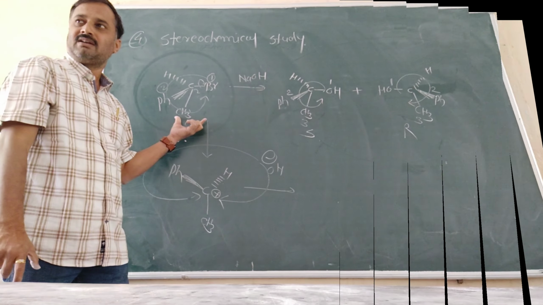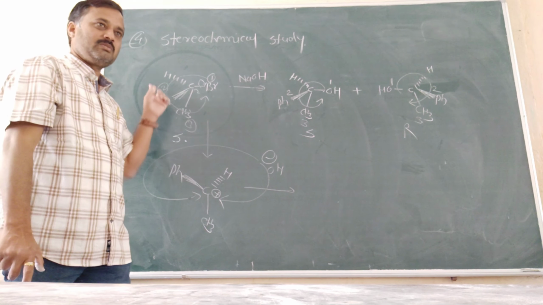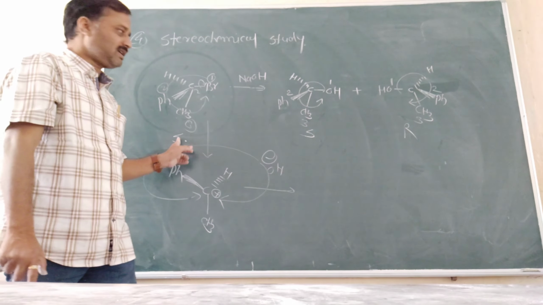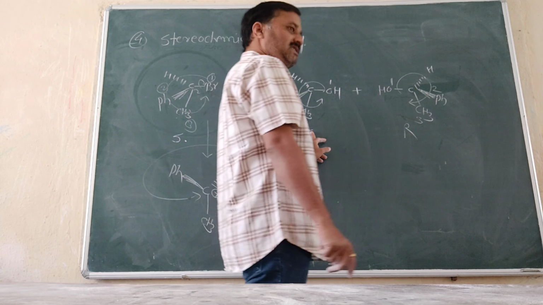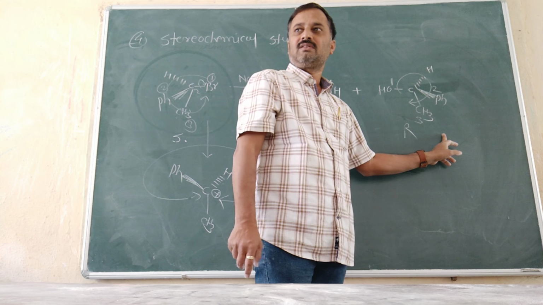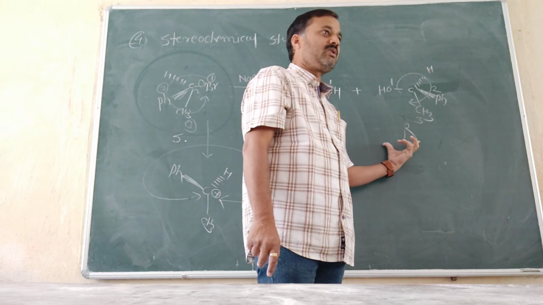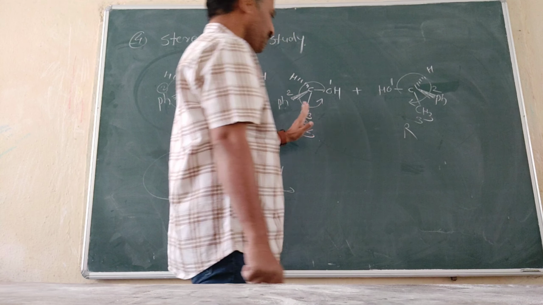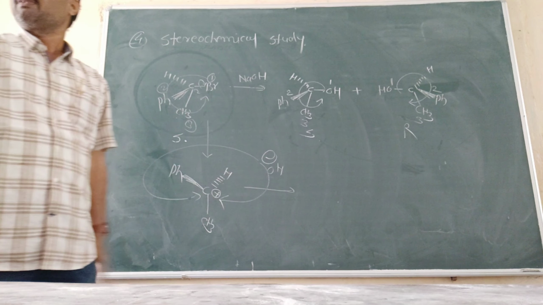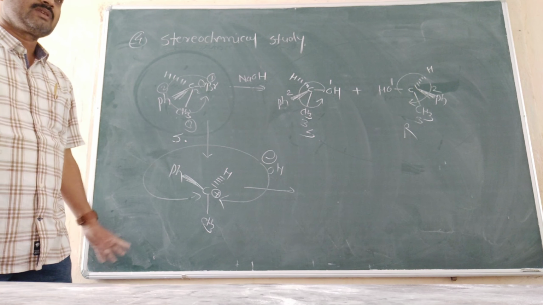2-phenyl ethyl bromide, what is the configuration? That is S. And in the product we get S alcohol and R alcohol, a mixture of alcohols. There is 50% retention and 50% inversion of configuration. What is the mechanism of this reaction?